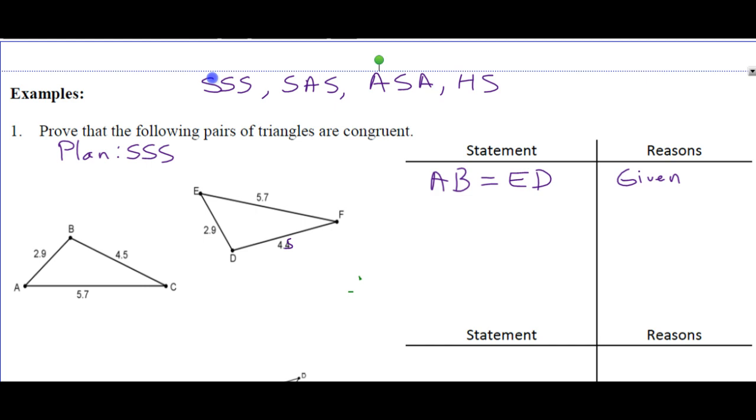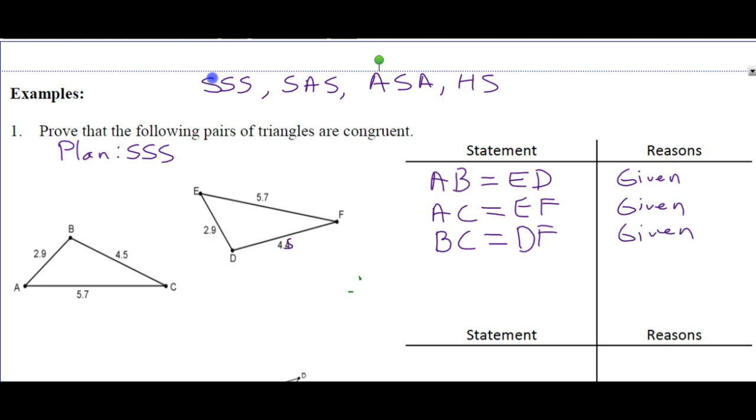Okay, so AC. What's AC the same as? It goes from the 2.9 to the 4.5, so it's EF. So AC is the same as EF, given. And what's left? Well, we got BC. What's BC the same as? DF.